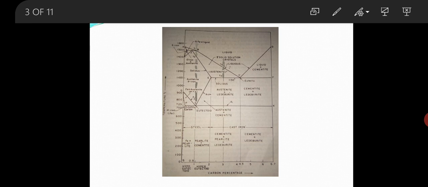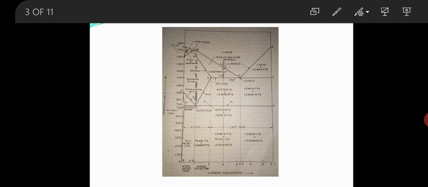So D is 1550 degrees centigrade where the cementite starts melting, or the cementite melting point. So on this line having carbon percentage 6.7, this point D is cementite and point A is pure iron.